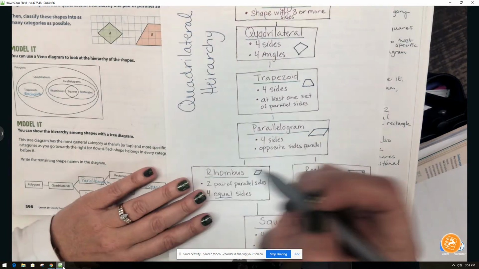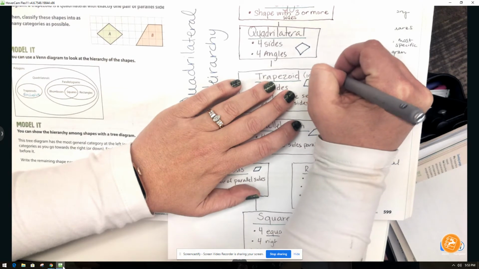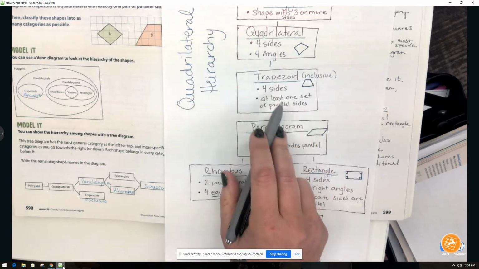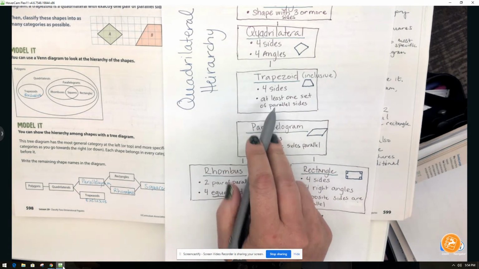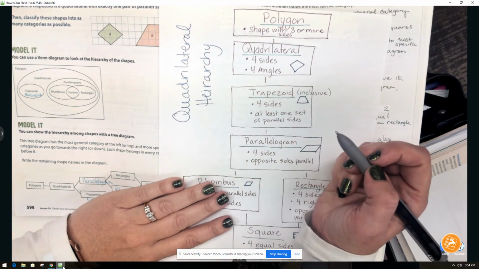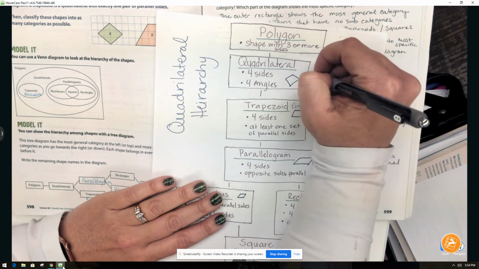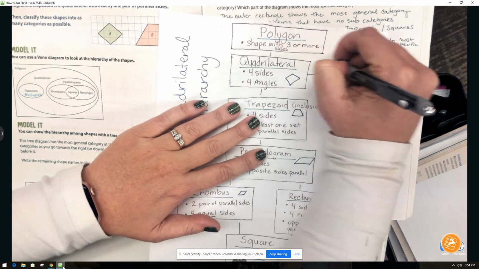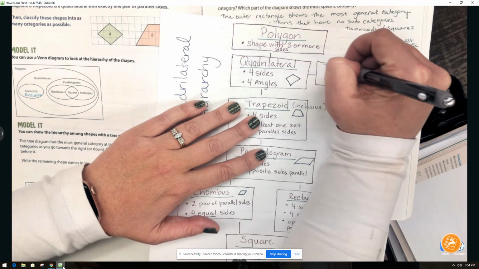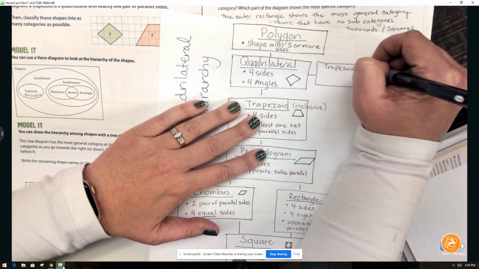Now this one is the inclusive definition of a trapezoid. So this definition of a trapezoid here makes it all go together. If it were the trapezoid that is exclusive, you would see a box that would come off over here, off of quadrilaterals, and this would be the trapezoid, which is exclusive.